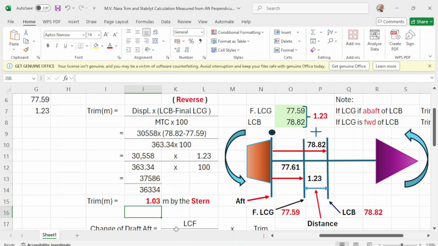Why? It is trimmed by the stern because your LCG is behind LCB, okay? Or LCB is forward of LCG.